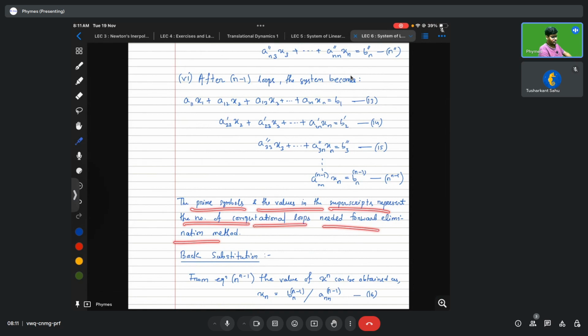Similarly, if there is a superscript like n minus 1, then these constants are found after n minus 1 loops. That is how you carry out the forward elimination. After n minus 1 loops, you will get the upper triangular form of the coefficient matrix.